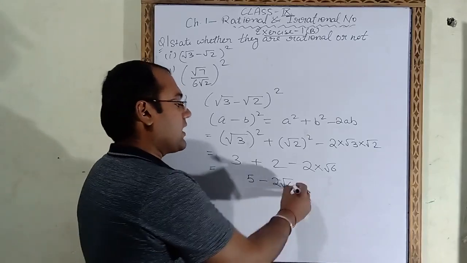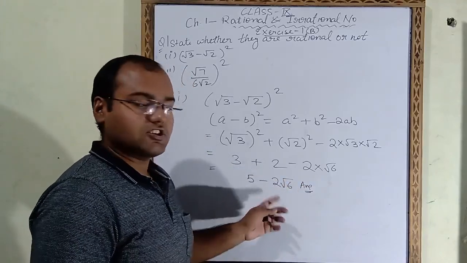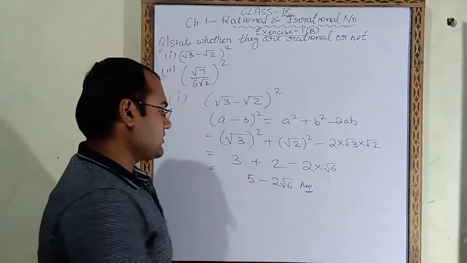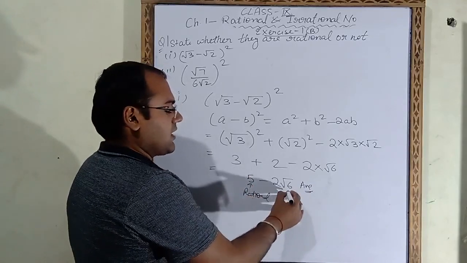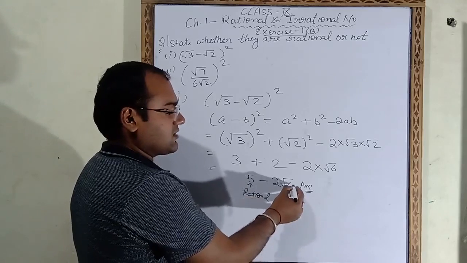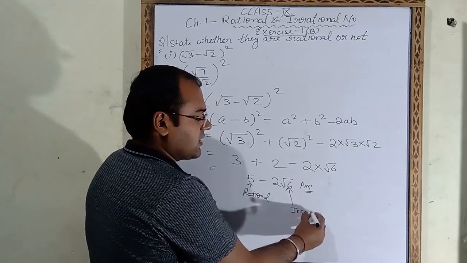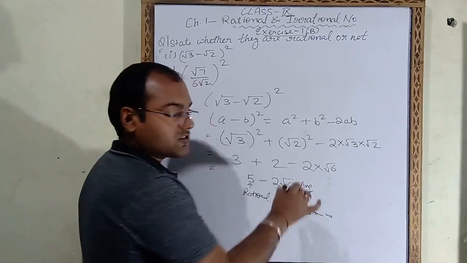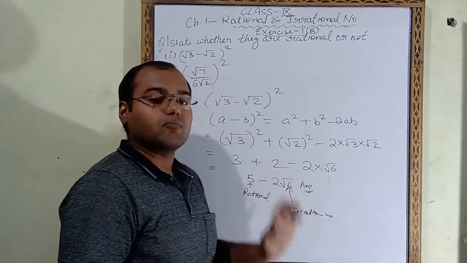This is the answer. Now we have to check whether it is rational or irrational. This 5 is a rational number and in 2 root 6, root 6 is coming, but root 6 is an irrational number. Why is root 6 irrational? Because exact value of root 6 cannot be obtained.